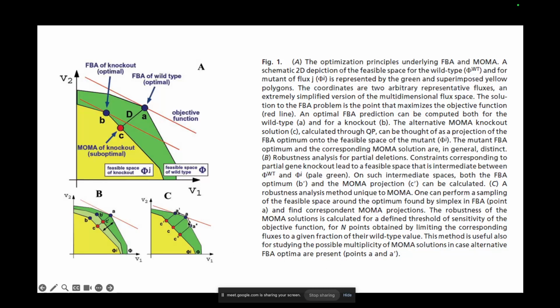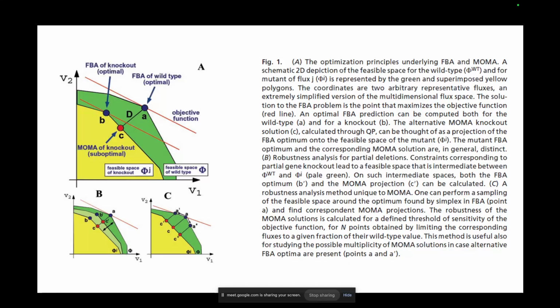So the alternative FPA optima are given by these two points. This is a point, this is a point. So you can calculate the distance between the alternative optima given by FPA and the MoMA solution.